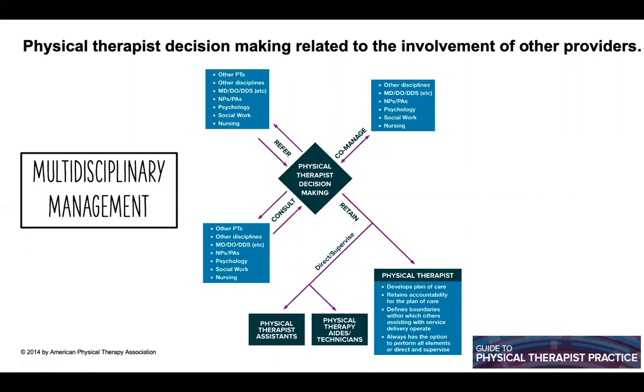And part of that is communication process. So we need to feel comfortable communicating with referral sources, managing or co-managing with other individuals who the patient might be receiving care from, and really performing our duty within the screening process.